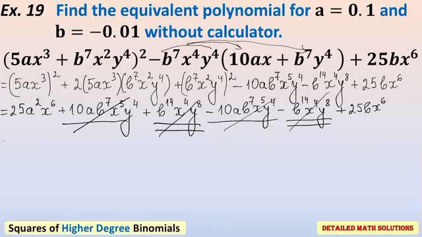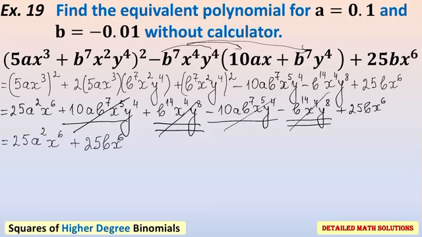So what I have left is the two terms 25 a squared x to the 6th power plus 25 b x to the 6th power. At this point, I can't simplify further, so I can go ahead and substitute a with 0.1 and b with negative 0.01.